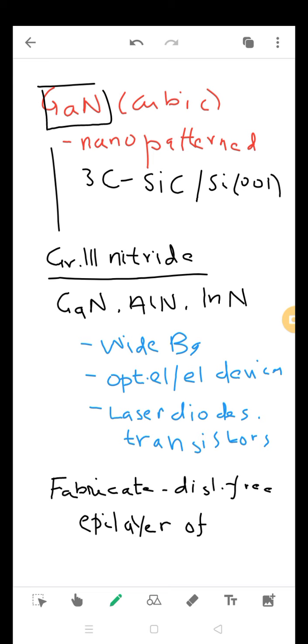That is why a lattice matched substrate will give you the best performance. So a lattice match is required to give the best performance of these devices.